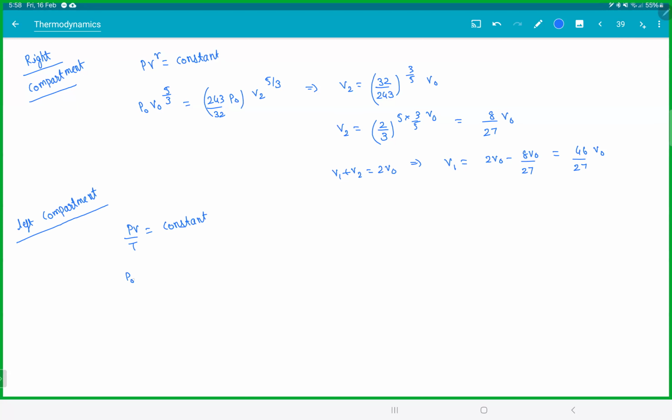Initial pressure is P naught, volume is V naught, temperature is T naught. Finally, pressure is 243 P naught by 32, the volume is 46 by 27 V naught, and the temperature is T1. From here I get T1. Oh, you got 207 by 16. That's so weird. Okay, but there you got T1 from here.